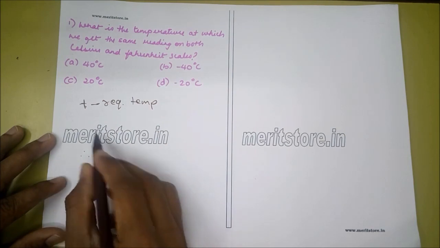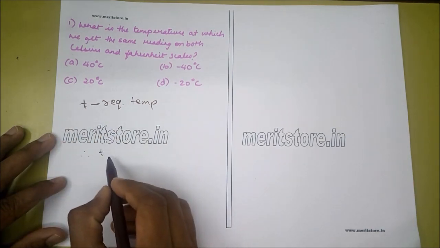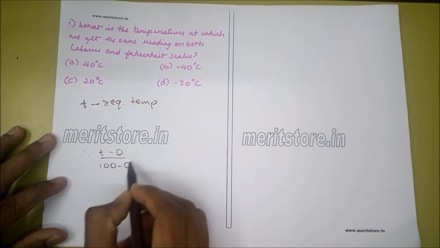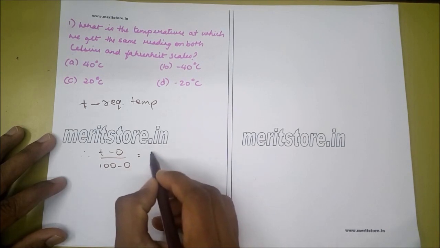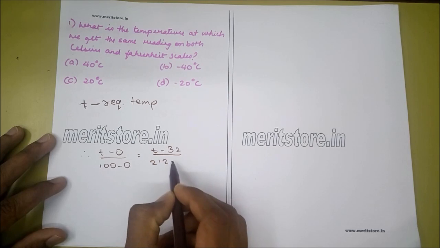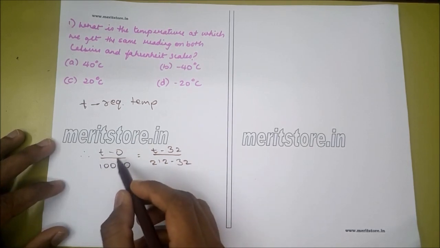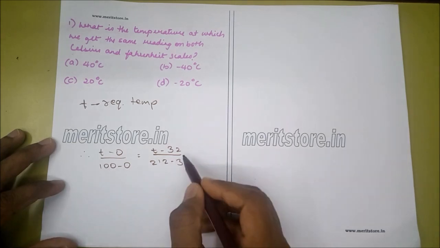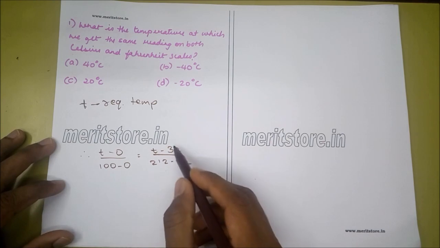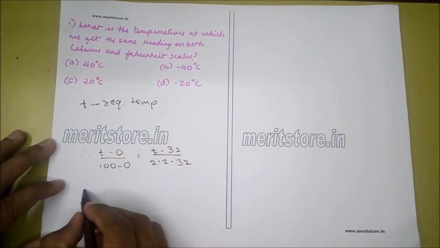So, if T is the temperature, on the Celsius scale we can write (T minus 0) upon (100 minus 0) is equal to (T minus 32) upon (212 minus 32), where 0 and 100 are the freezing and boiling points of water in degrees Celsius, and 32 and 212 are again the freezing and boiling points of water on the Fahrenheit scale.